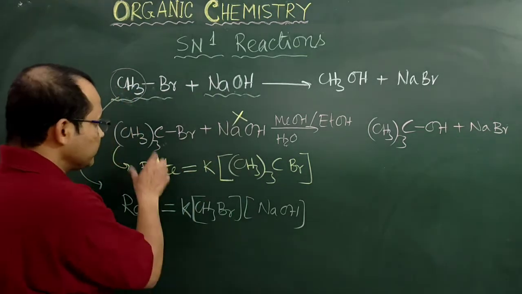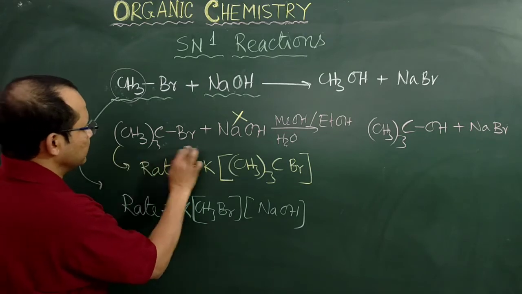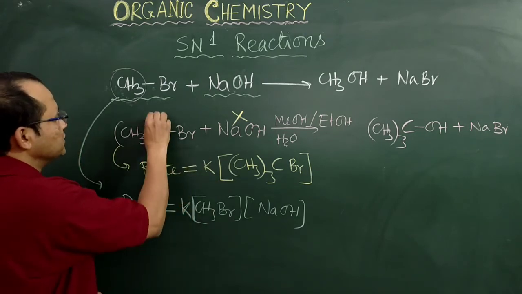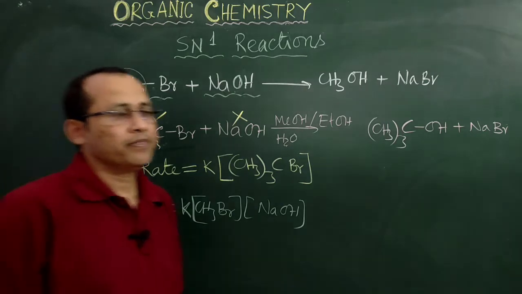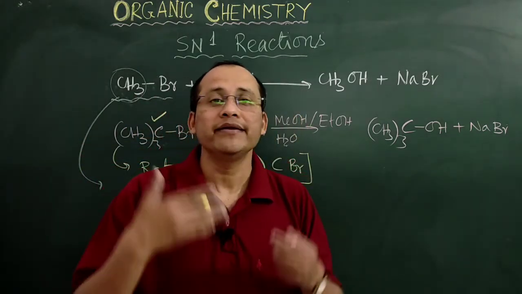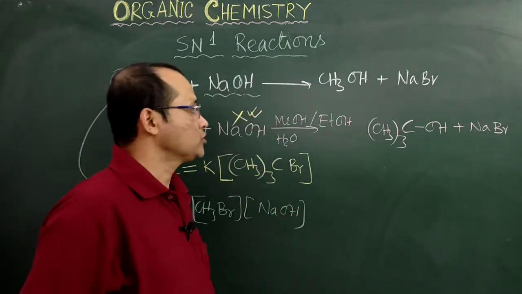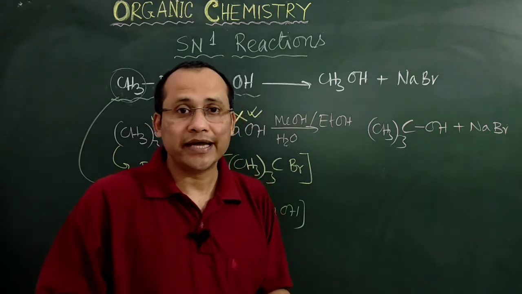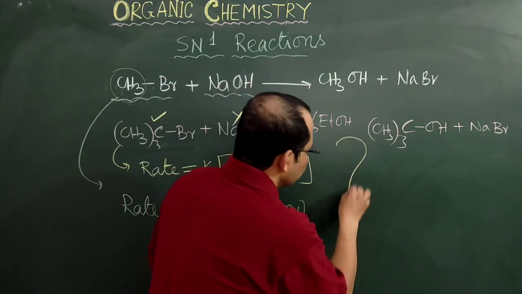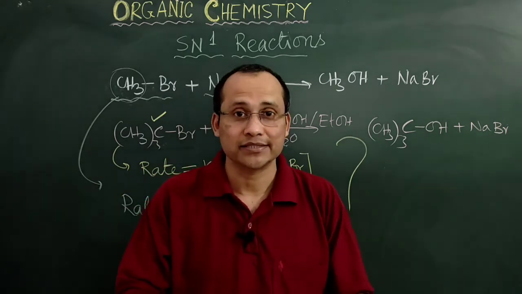So the reaction rate is directly proportional to this. If we change the concentration of this one, the reaction rate will change accordingly, and it will remain indifferent to the concentration of this one. So the big question arises: why? What is the reason behind this?